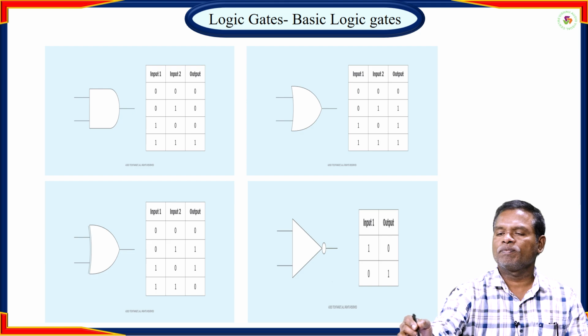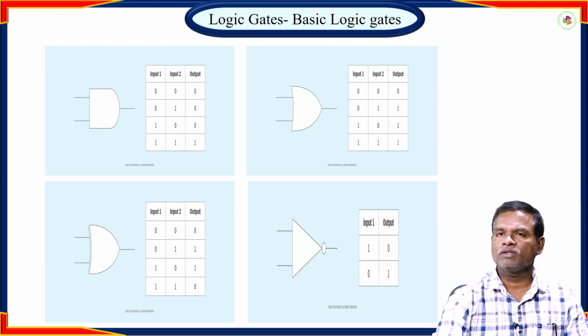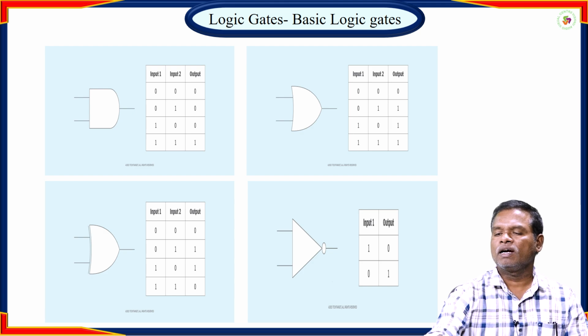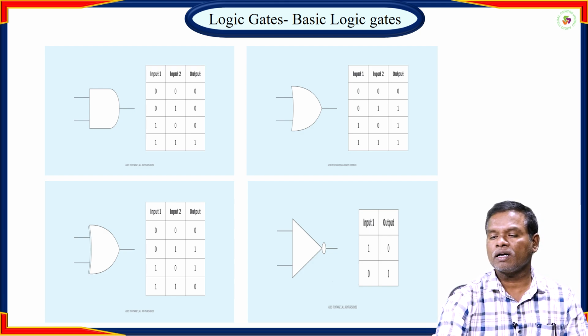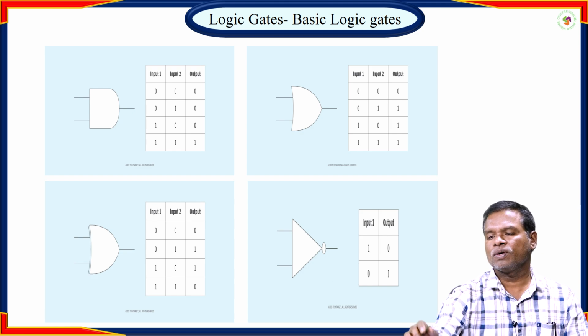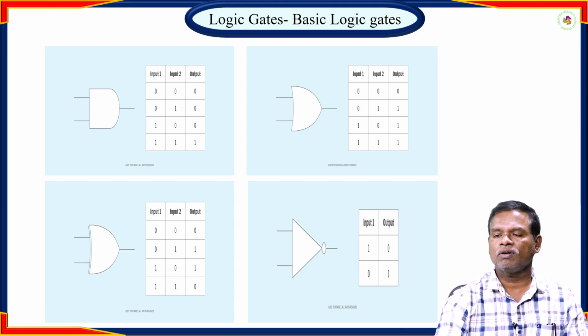So in the first combination, when both inputs are 0, we get output 0, and in the remaining 3 combinations, since one or both inputs are 1, we get output 1. This is the nature of the OR gate.